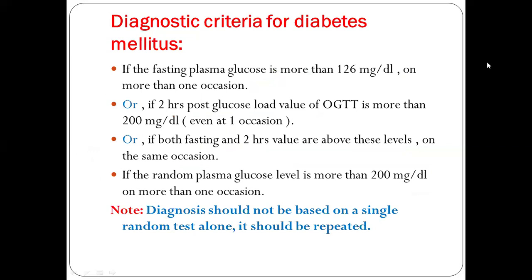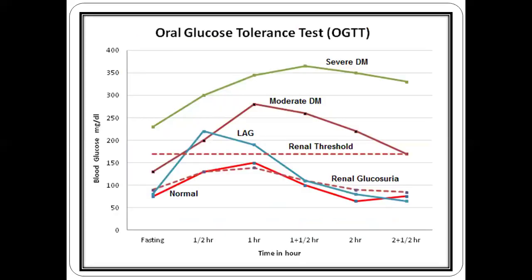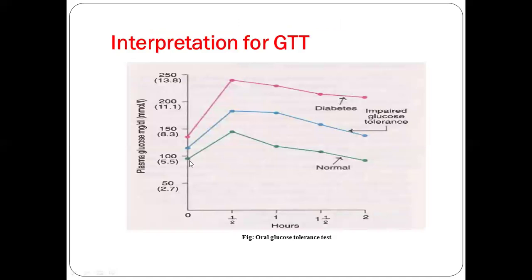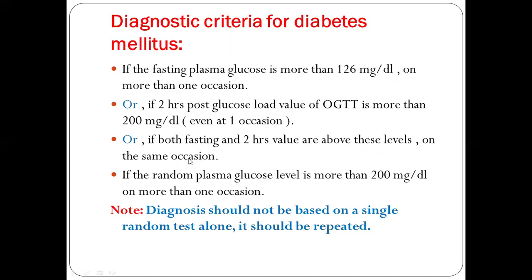So the diagnostic criteria by the WHO: the fasting blood glucose should be more than 126 mg per deciliter, as I already told you. On one occasion, just see here in the graph, if it is more than 126 fasting, that is confirmed.